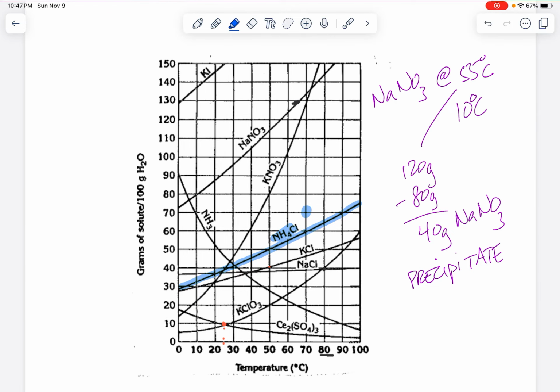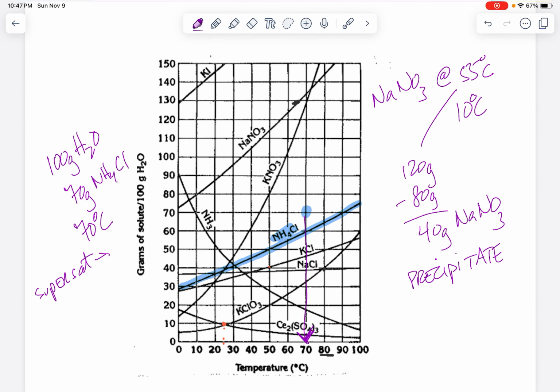In other words, let's say that we have 100 grams of water, and then we add 70 grams of NH4Cl, at 70 degrees. And they would ask, what type of solution would you have? Well, if you're above the line, your book would say that we have a supersaturated solution.